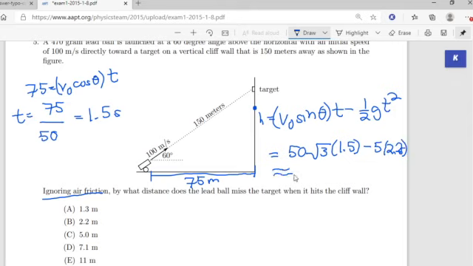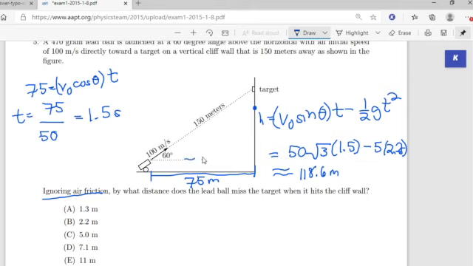Okay, and I'll just plug it in right now. And I'm getting about 118.6 meters. Then this is 150 meters, and this angle, as the problem said, is 60 degrees.